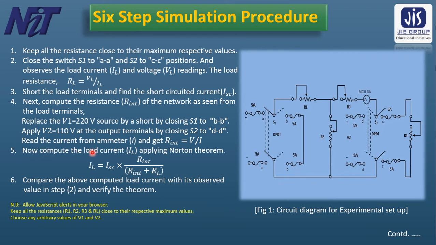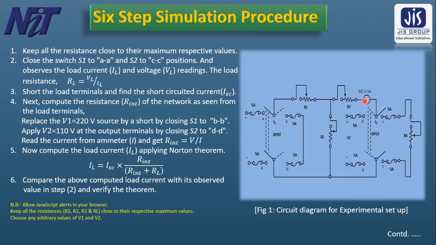Now compute the load current IL applying Norton theorem. This is your Norton theorem. As in the first case, when this is a source and this is a load, we found a load current over here.